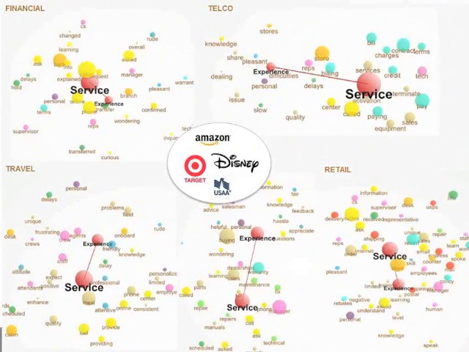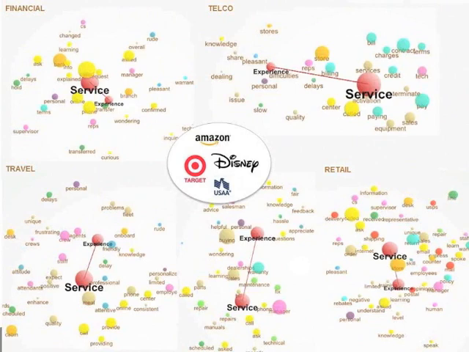So the next thing we did is we did an analysis across 12 different categories to look linguistically at how people talk about great customer service. We said we don't just want to think about customer service in the cellular category. We want to understand customer service much more broadly.